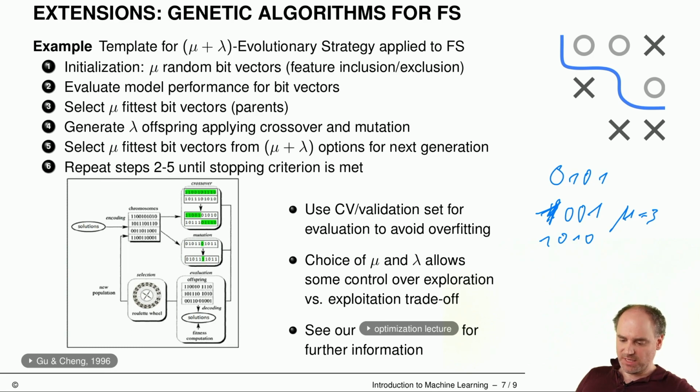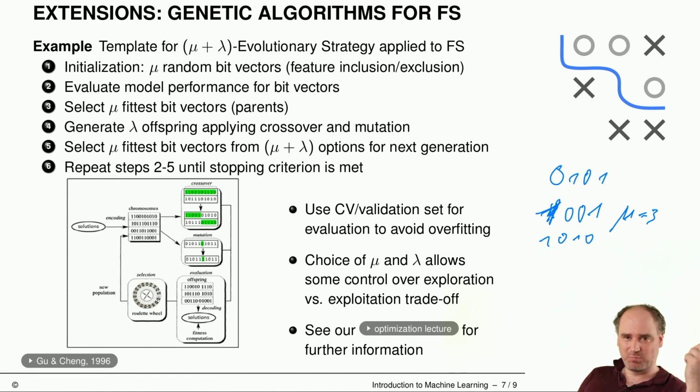Offspring means I will usually select 2 guys from the current population of size mu, and I will have them mate. I will combine them, and this combination operation is usually called a crossover. In this case, what we would usually do is what is called a uniform crossover.